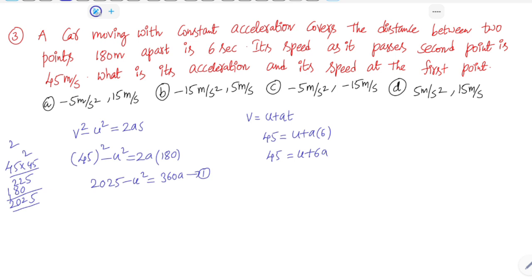From this I am writing a as: 6a is equal to 45 minus u, so a is equal to (45 minus u) by 6. This is a. Consider this as the second equation. Substitute the second equation in the first equation.